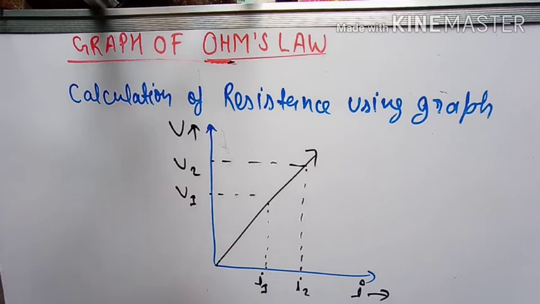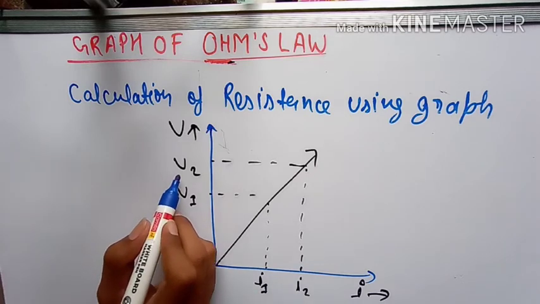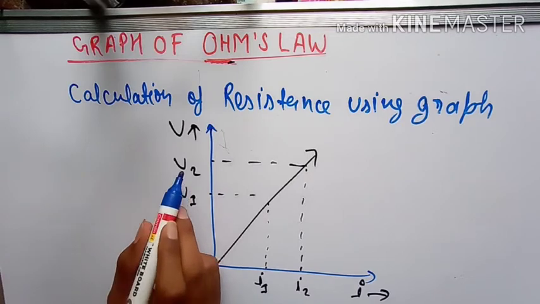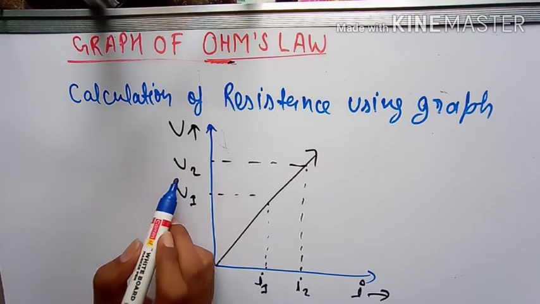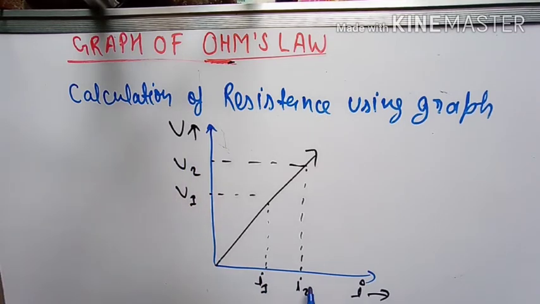First of all, look at these values, V1 and V2, I1 and I2. When the voltage is V1, the current inside that conductor is I1, and when the voltage was V2, the current was I2.